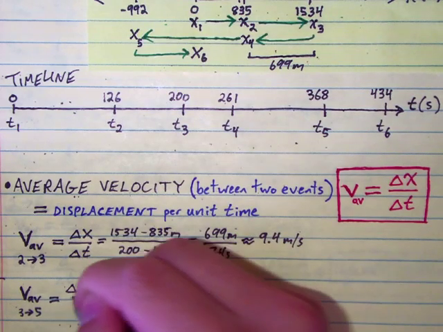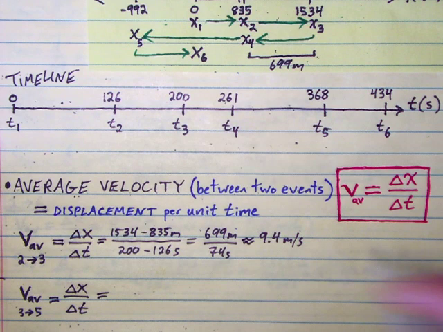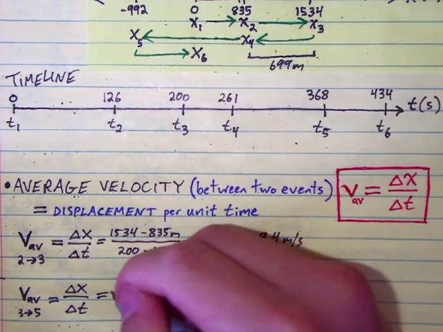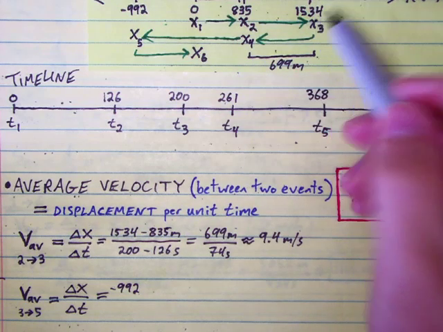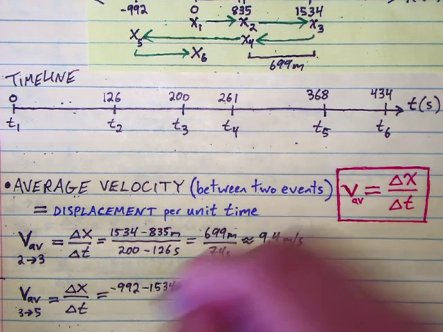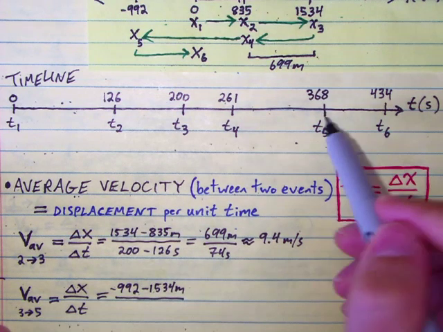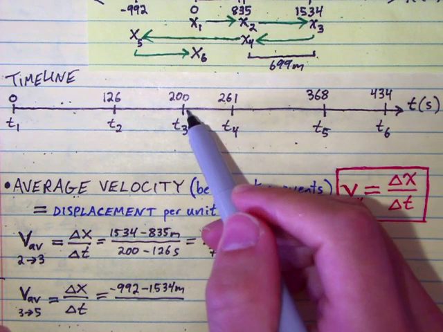Another example. His average velocity between events 3 and 5, going from the petting zoo to the barbershop. Average velocity is displacement over time interval, delta x over delta t. His final position was negative 992 meters. His initial position was 1534 meters, so final minus initial. And his ending time at event 5 was 368 seconds. His starting time was 200 seconds.